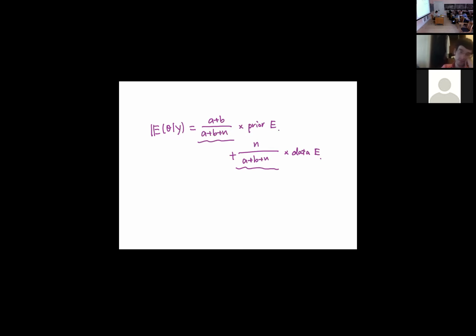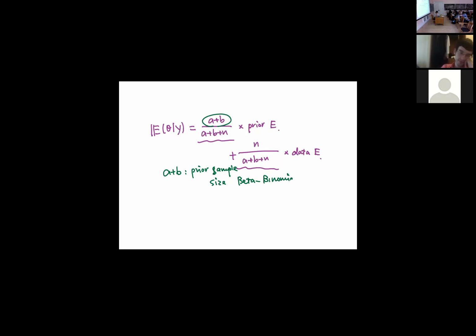We actually talked about it before, but back then I didn't want to confuse people in terms of how to think of things in terms of prior size. But if you read the textbook, you realize that they also talk about a plus b as a prior sample size for the beta binomial model.